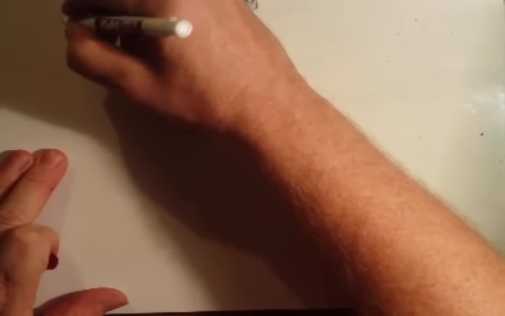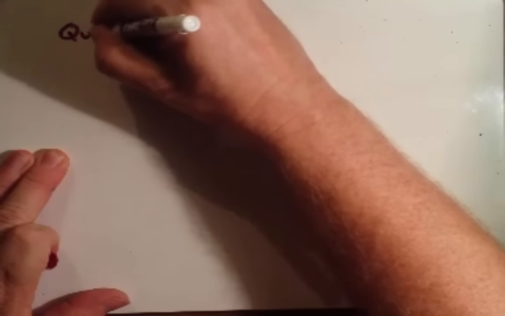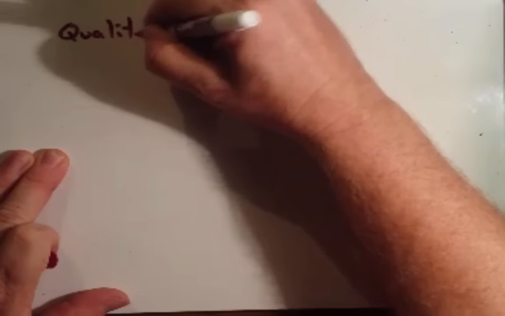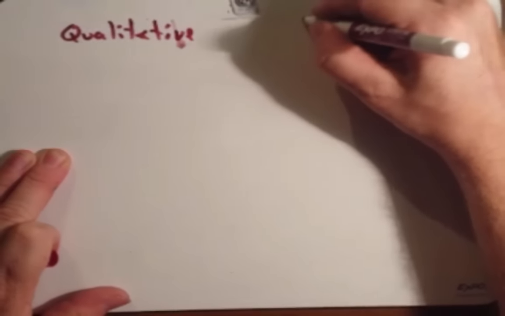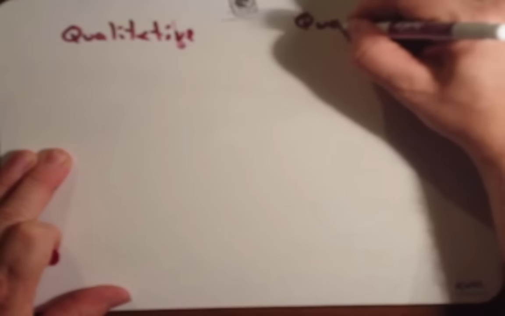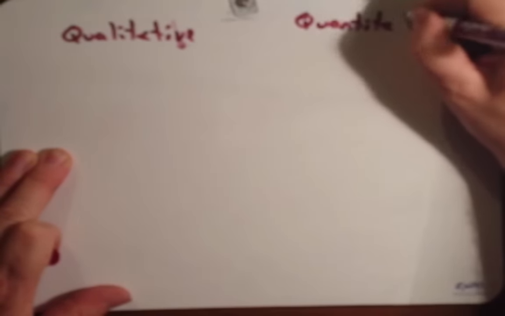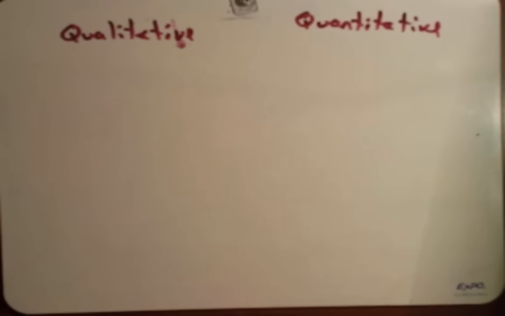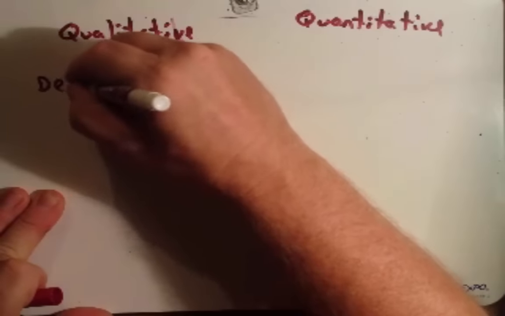The next thing I would like to talk about includes how scientists make predictions and test hypotheses. To start off, I want to talk about qualitative data versus quantitative data. Qualitative, if you think of the root word quality, is more descriptive.